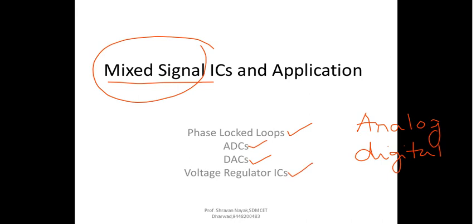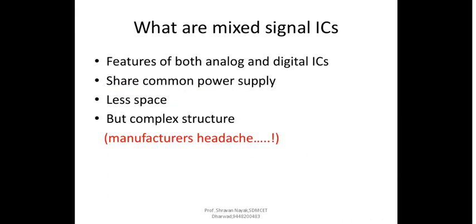So now in this particular presentation, let us confine our discussion to the phase locked loop. Let us try to see what exactly phase locked loops are, and before that we will see the basic definition of the mixed signal IC.